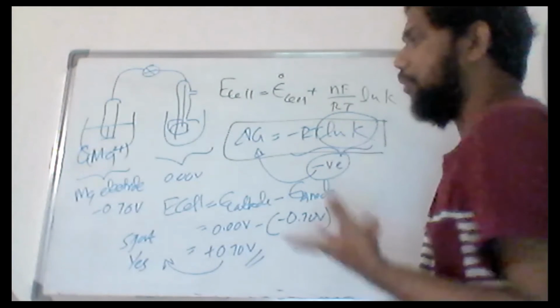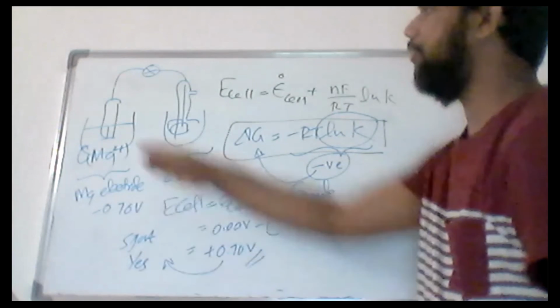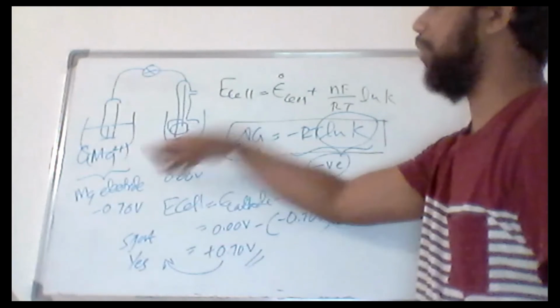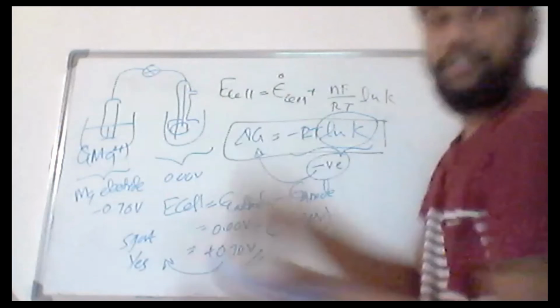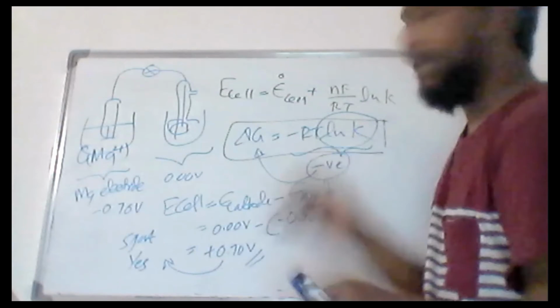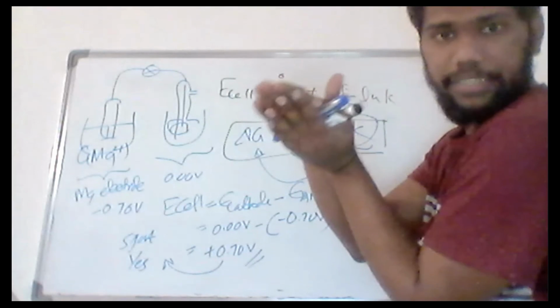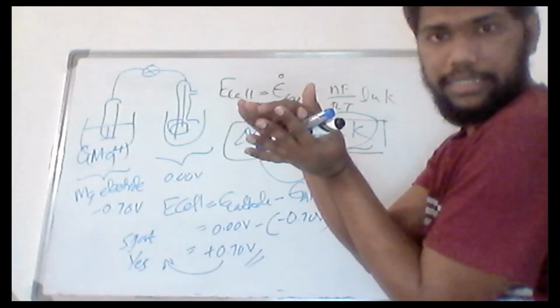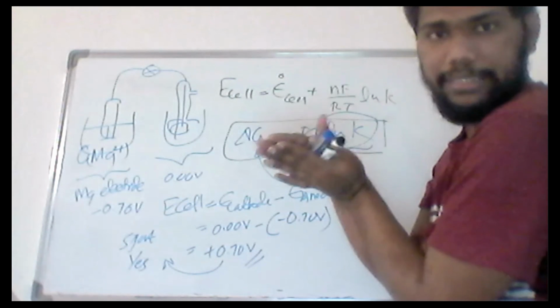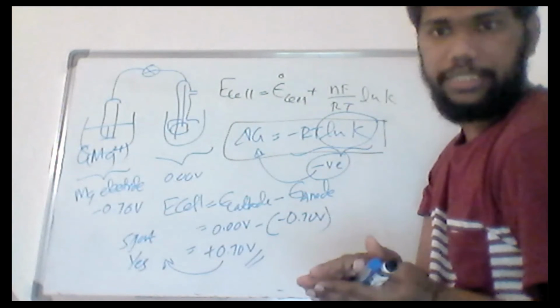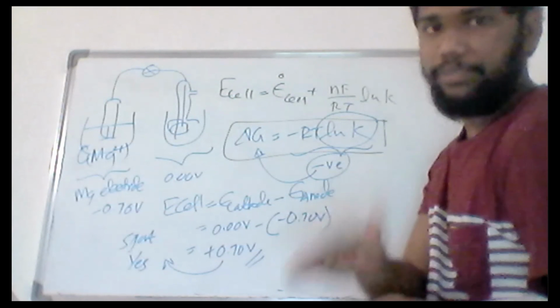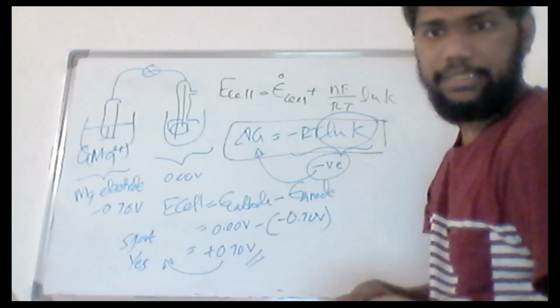K means the equilibrium constant, where you have the salt bridge and the oxidation and reduction. In this reaction, K has on top magnesium 2 plus concentration times H2 gas concentration, over H plus aqueous concentration to the power 2. But magnesium is a solid, so we don't put that concentration here.